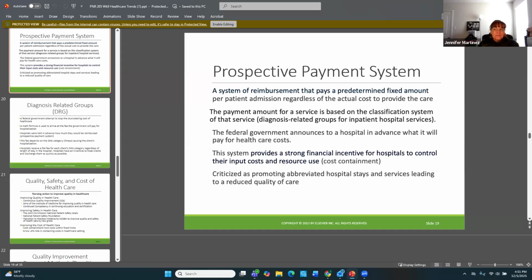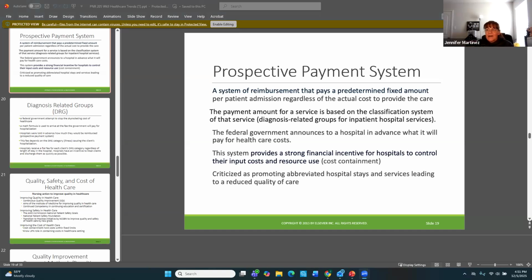PPS is a system of reimbursement that pays a predetermined fixed amount per patient admission, regardless of the actual cost to provide the care. So it's based off of that DRG. The federal government announces to the hospital in advance what it will pay for healthcare costs.